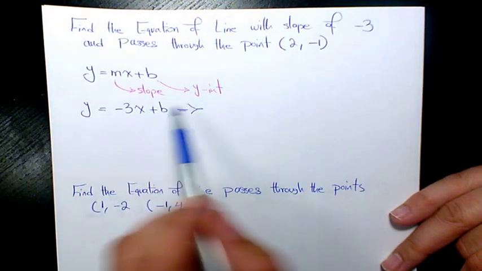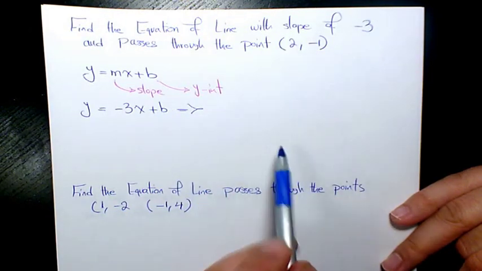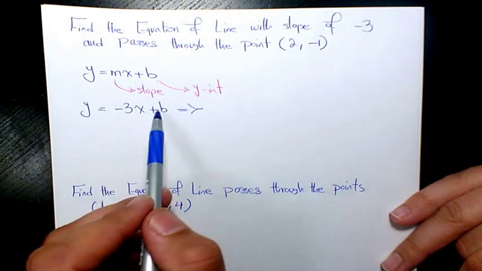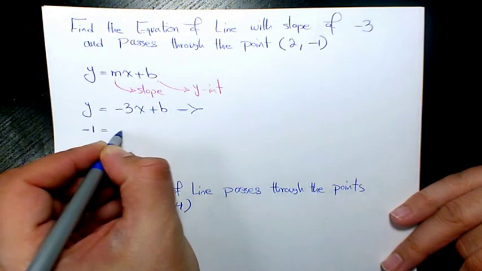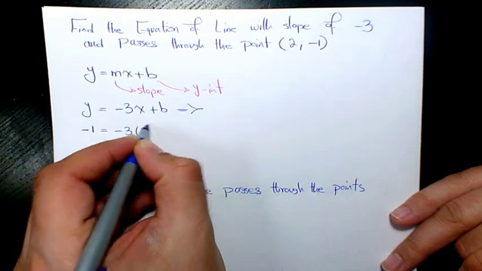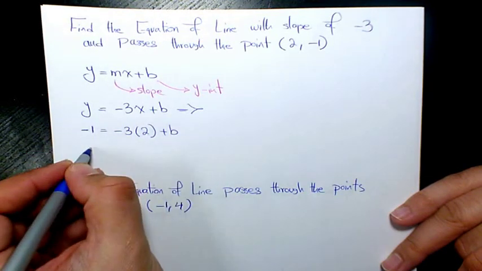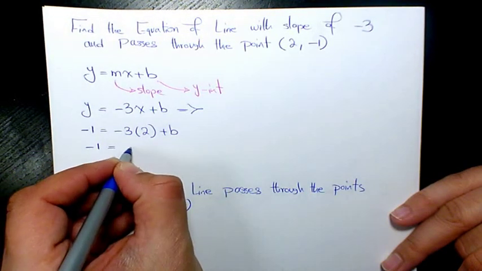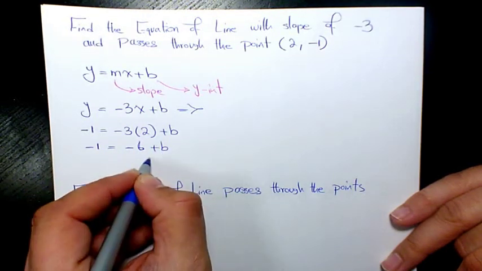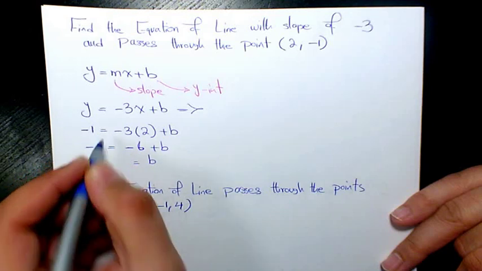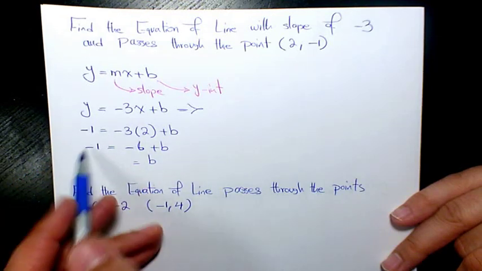So how to find b? We need to use this point here to sub it in the formula to find b. So y is negative 1. Here we have negative 3 times 2 plus b. So we have negative 1 equals negative 3 times 2, which is negative 6, plus b. So when you isolate b, it means that you need to move negative 6 to the other side.